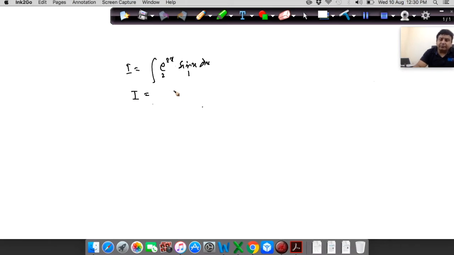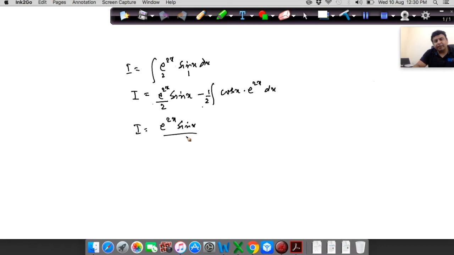So it's first function, integration of e to the power 2x, minus cos x into e to the power 2x upon 2. E to the power 2x sin x upon 2.